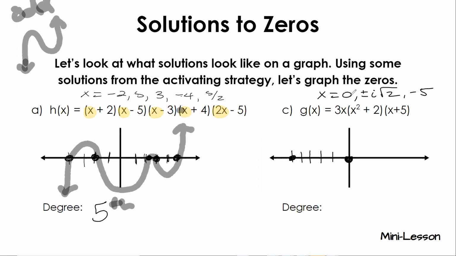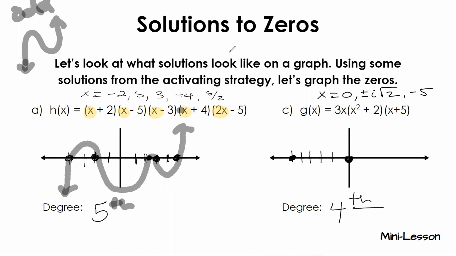So how many solutions do we have in total up here? Imaginaries do count. We have 1, 2, 3, because remember, we got a positive and a negative, 4. So this is a 4th degree polynomial.